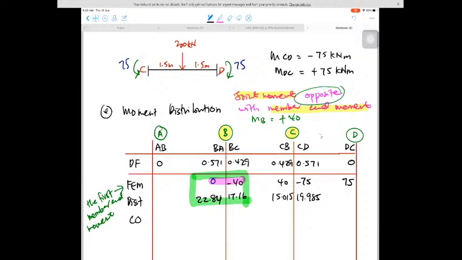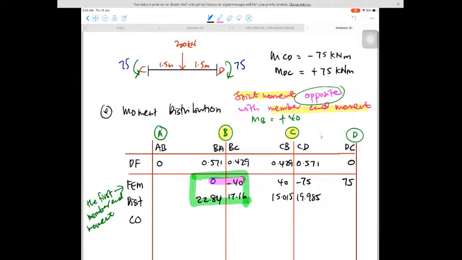Distribution factor: remember that for fixed ends A and D, the distribution factor equals 0. Since the fixed end is not the end of the structure, in the formula for distribution factor we need to divide by infinity. That is why the fixed end distribution factor equals 0.